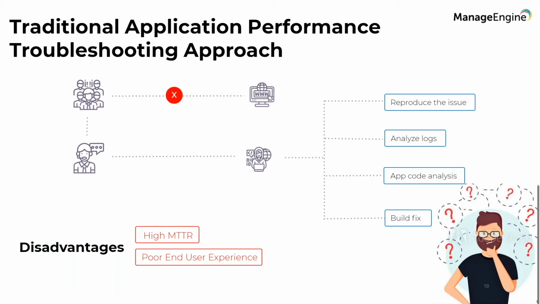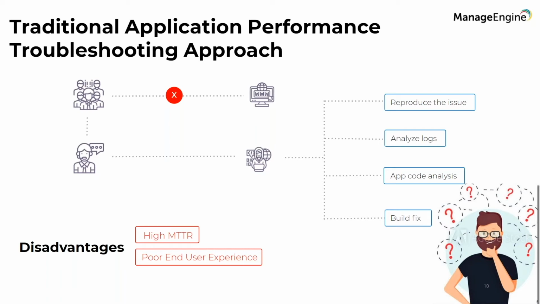So this traditional model of application performance troubleshooting is definitely a time-consuming task, and there are key disadvantages, like the mean time to repair is very high when this model is involved, and the end user experience is definitely impacted because the user will not wait for a long time, right?